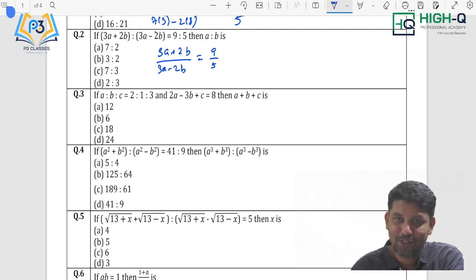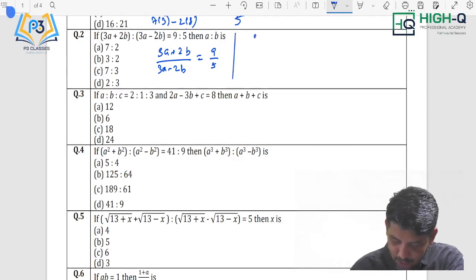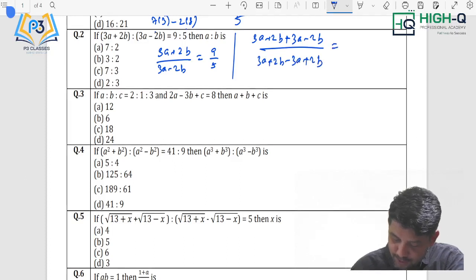Apply componendo dividendo. You know componendo dividendo, right? Numerator plus denominator by numerator minus denominator. So what exactly are you going to get? 3a plus 2b plus 3a minus 2b divided by 3a plus 2b minus 3a plus 2b is equal to 9 plus 5 by 9 minus 5, which is 14 by 4.